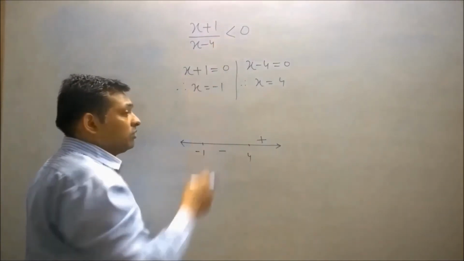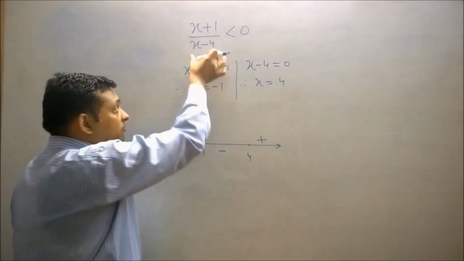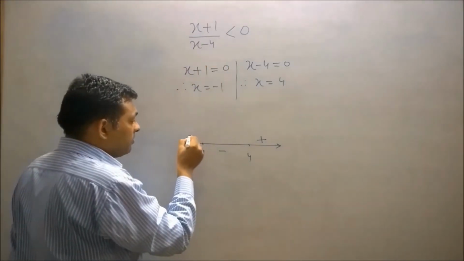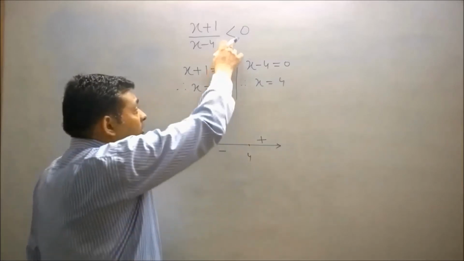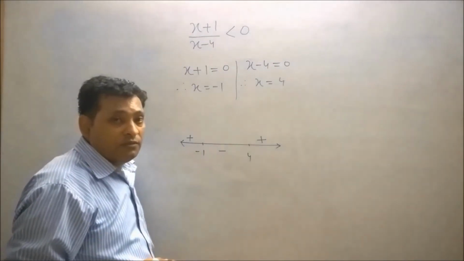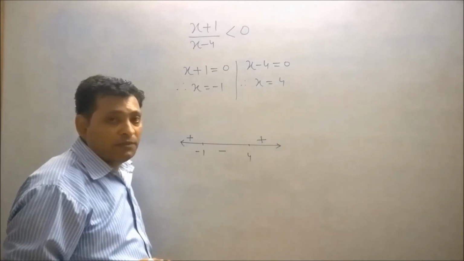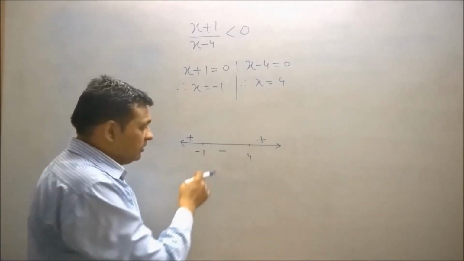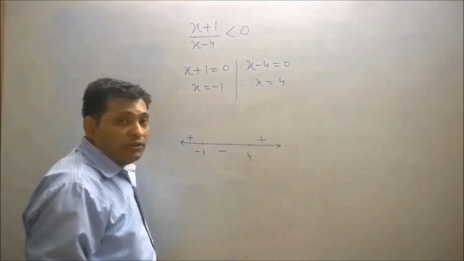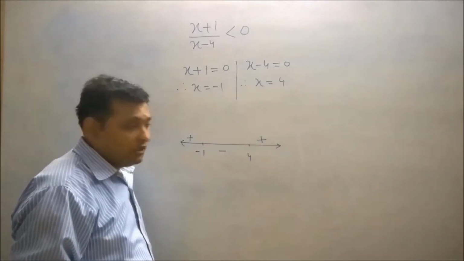Numerator and denominator both are negative, which means the left hand side of this inequality is positive. But here our requirement is that the left hand side must be less than 0, which means negative. So we can say the interval -1 to 4 is the solution of the given inequality.